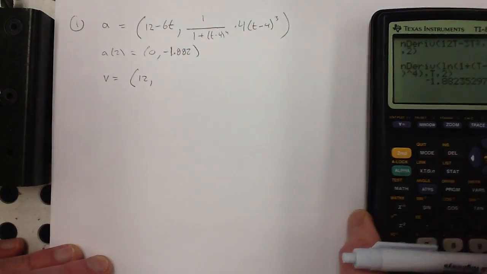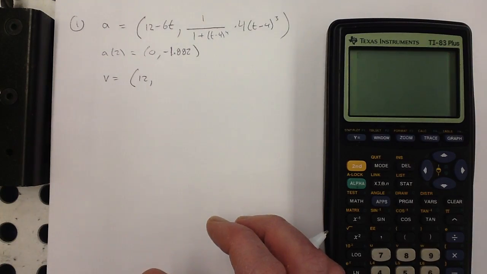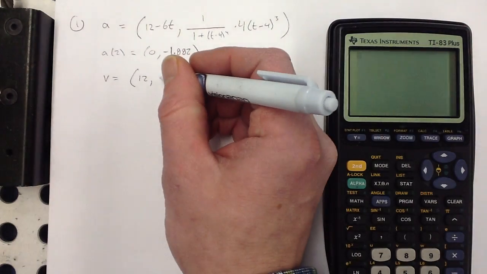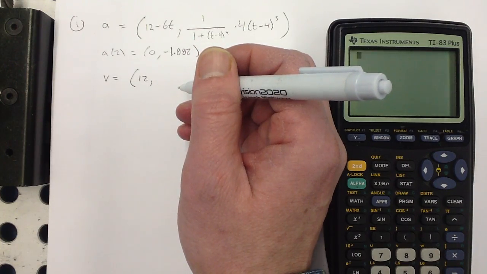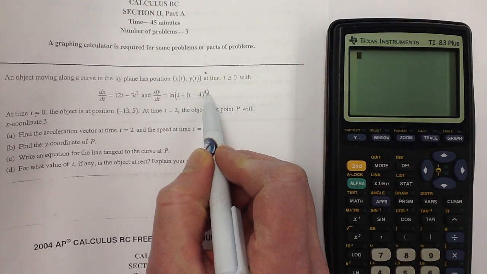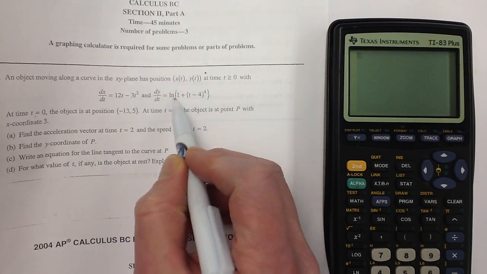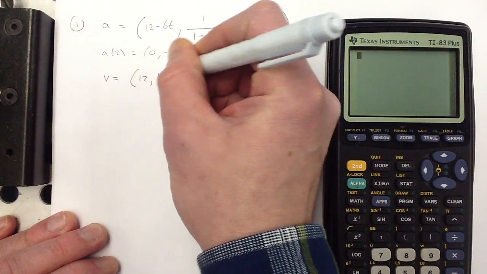Check my work there. Make sure that that's right. That's 12 times 2 is 24 minus 3 times 4, yep. And then the y coordinate would be, let's see what we get when we plug 2 into t minus 4. 2 minus 4 is negative 2 to the fourth power is positive 16. 1 plus 16, so that's a natural log of 17, whatever that is.